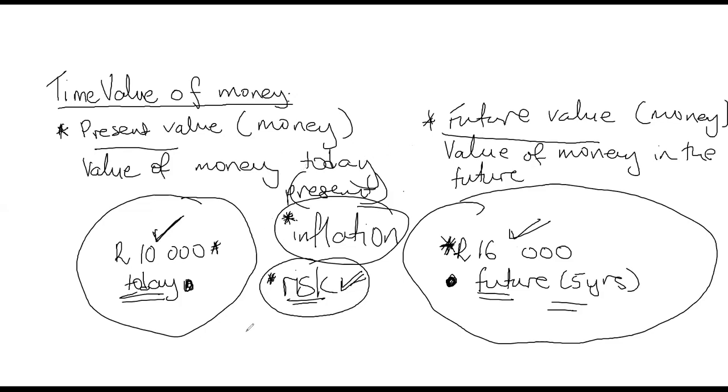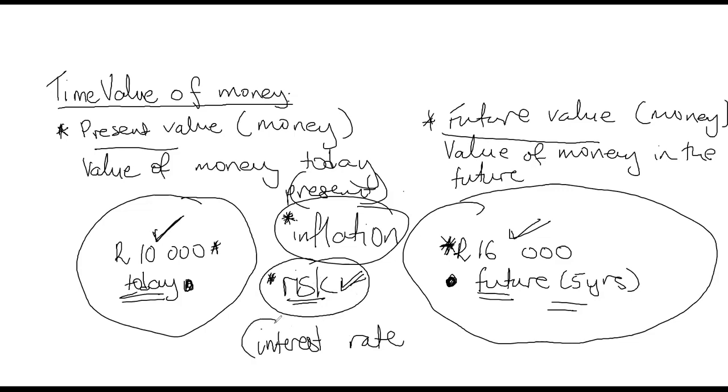So usually, this risk and this inflation is accounted for in an investment using an interest rate, right? An interest rate is a measure of the return that you get on your investment, whether it's money invested today and then you get it in the future.